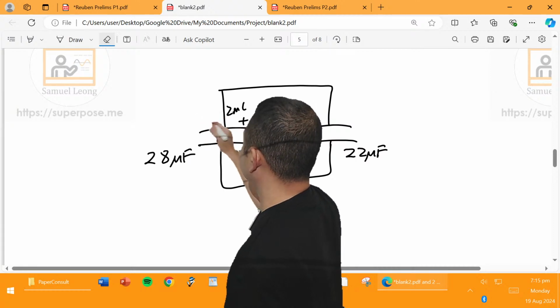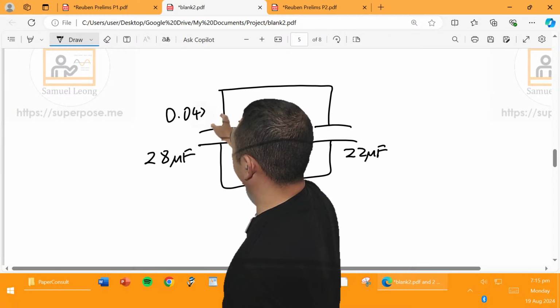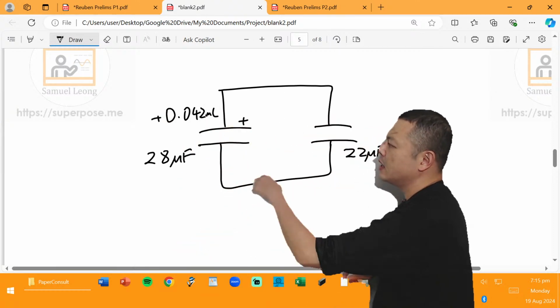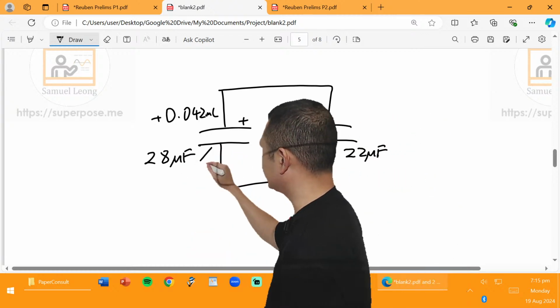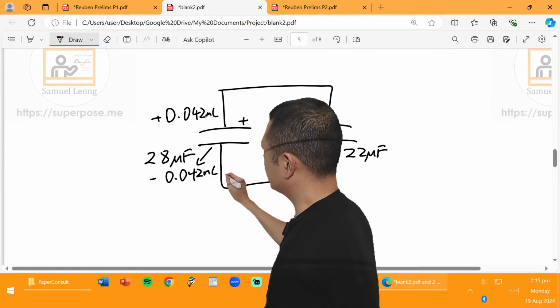Let me write it down again. This is the positive side, so it is positive 0.042 millicoulombs. On the negative side, the charge is negative 0.042 millicoulombs.